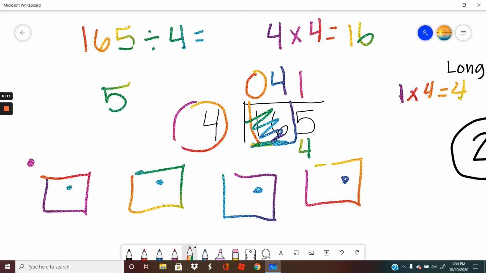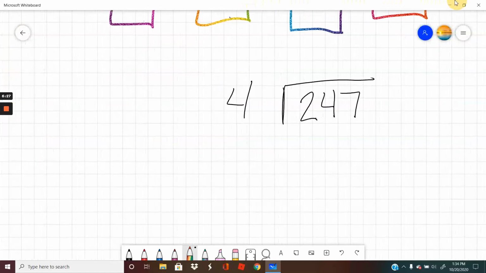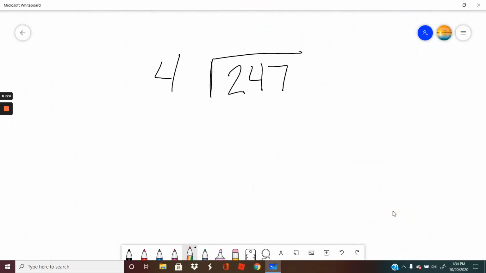So I have to put 2 and separate it evenly into 4 boxes. 1, 2. I've run out, and that's not even. So that means what? That's right, it can't work. It doesn't have anything. So we're going to put a 0 here, and we're going to move down. So now we have 24. We can do that, right?